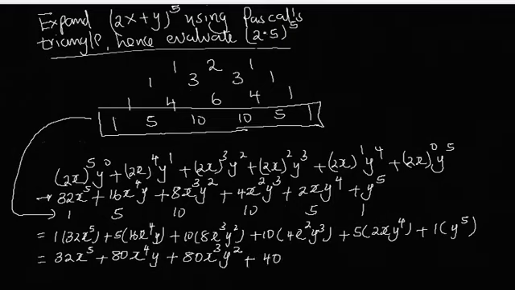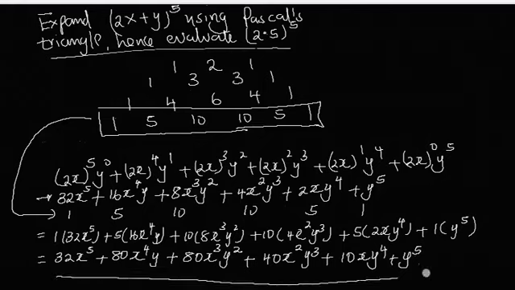So that is 40x^2 y^3, plus 5 times 2 is 10. So that is 10x y^4. And finally, 1 times y^5 is y^5. So this gives us the expansion of (2x + y)^5.